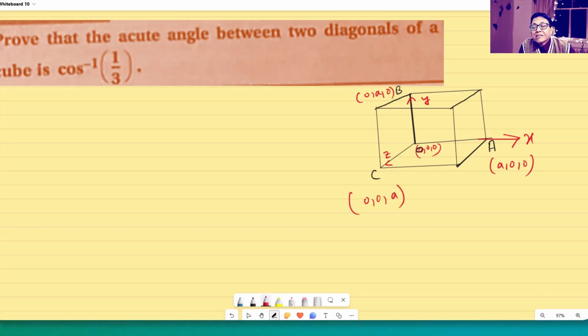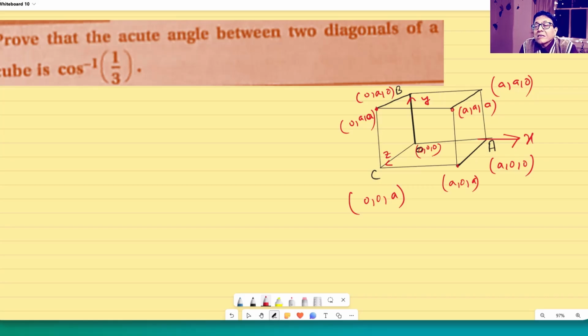This point has coordinate A, 0, A. Here, in the xy plane z is 0, so A, A, 0. Clear? And this one, in the yz plane x coordinate will be 0, so 0, A, A. This much idea you have because 3D you have done in class 11, 12 also, the beginning is done. So these are the coordinates.